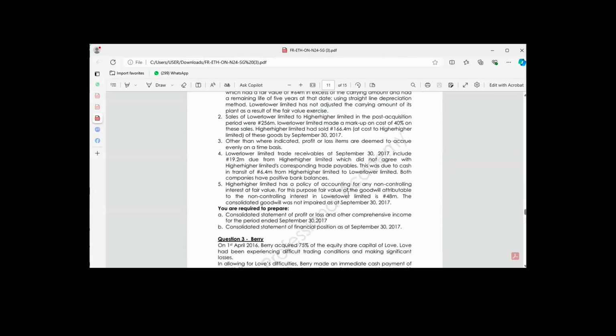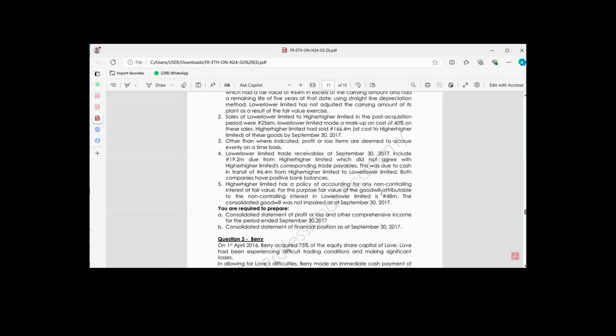For this purpose, the fair value of the goodwill attributed to non-controlling interest, they will give you the fair value of the goodwill. The question will just supply you that.